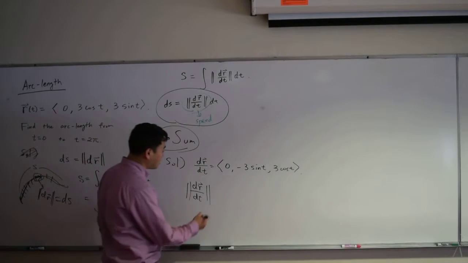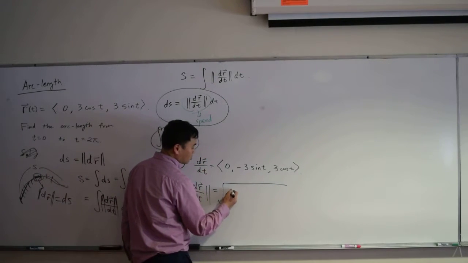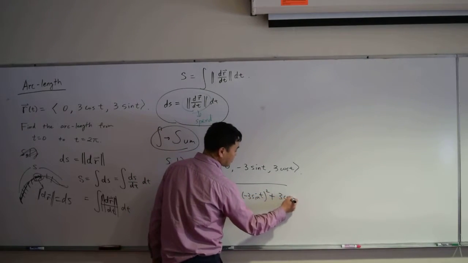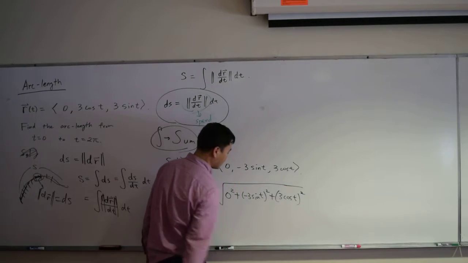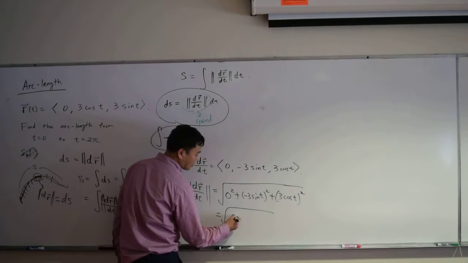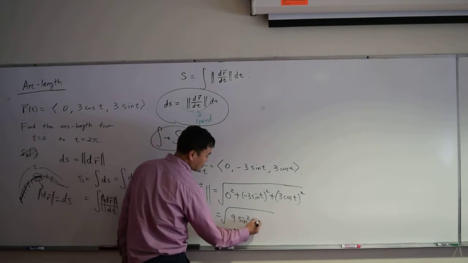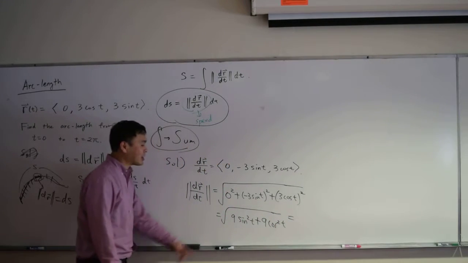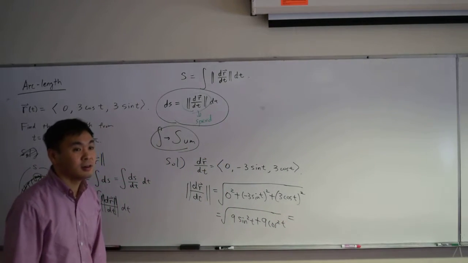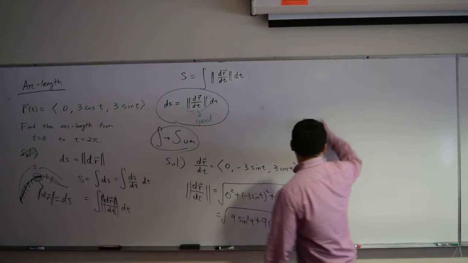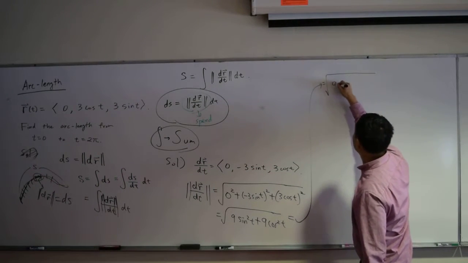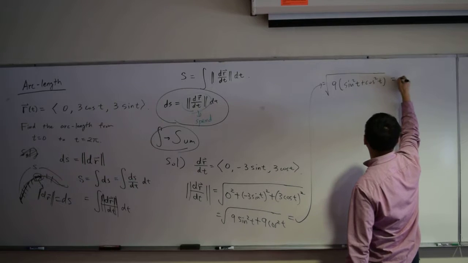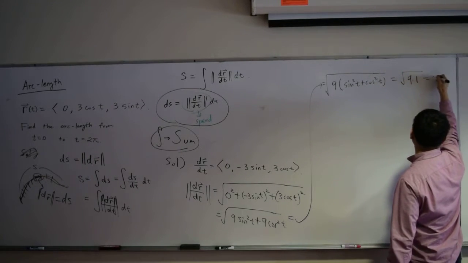So that gives us the speed, which is the square root of 0 squared plus (-3 sine t) squared plus (3 cosine t) squared, which is the square root of 9 sine squared t plus 9 cosine squared t. Well, what's sine squared plus cosine squared? If I factor the 9, I get sine squared t plus cosine squared t, which is 1. So that's just 3.